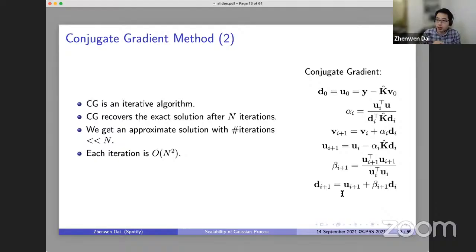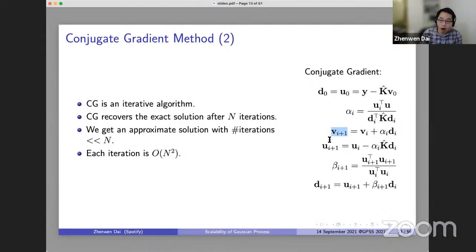First, it is an iterative algorithm, so you can see it starts from V0, and every time it updates into a new version of V. And if we ignore numerical issues, conjugate gradient will recover the exact solution after n iterations, because from the previous equation, we know that an n-dimensional vector can be exactly written, or discovered, by n independent vectors, because they span an n-dimensional linear space.